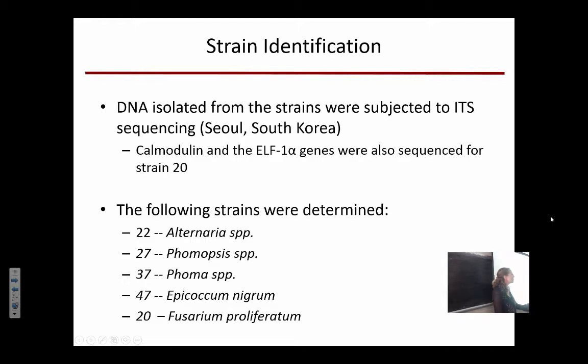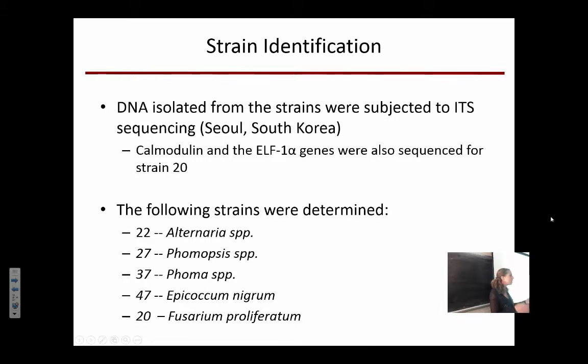So at the time, Dr. Shim was working in South Korea, and so I extracted DNA, sent it off to him, and he performed ITS sequencing there. With that, he was able to identify strain 22 as Alternaria, strain 27 as Phomopsis, strain 37 as Phoma, and strain 47 as Epicoccum. We knew that strain 20 was a Fusarium strain, but I wanted to go ahead and do some calmodulin and elongation factor sequencing to further validate that.